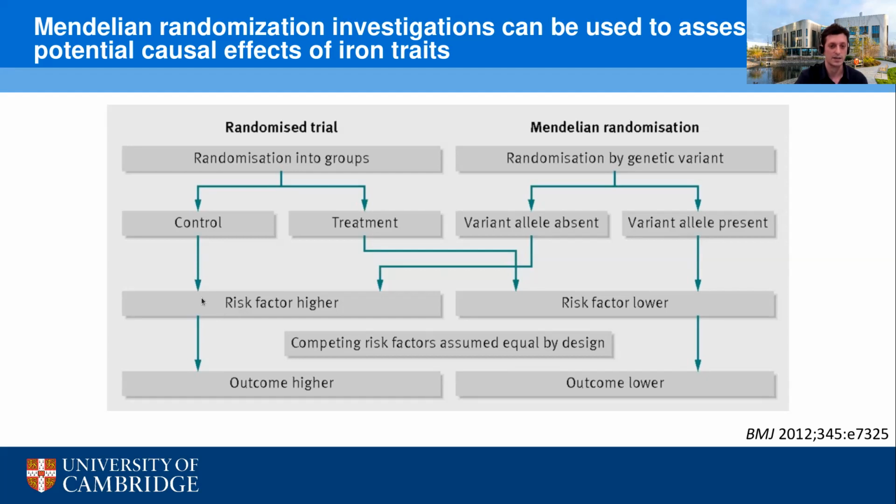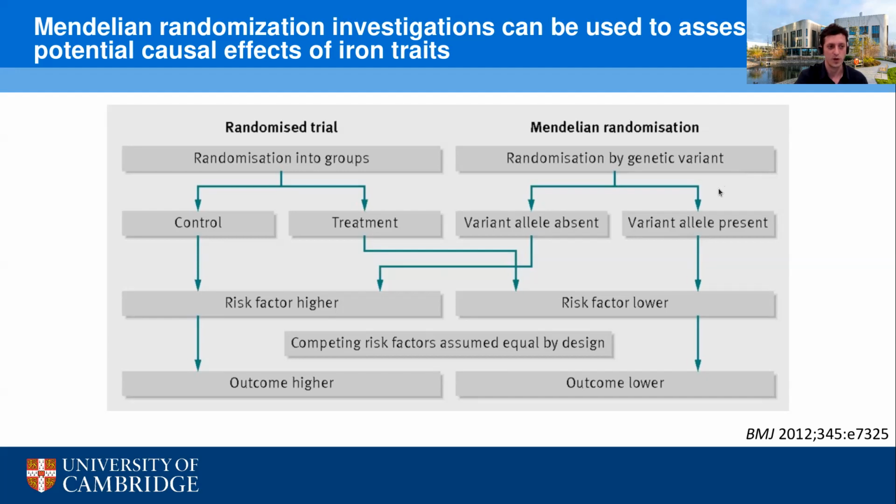Usually it's higher in the control group because they are not getting the treatment, and lower in the treatment group. Similarly, the levels of the outcome of interest, which can be hypertension, heart disease, or diabetes, tend to be higher, ideally, in the control group compared to the treatment group. In Mendelian randomization, people are randomized by genetic variant or by polygenic score.